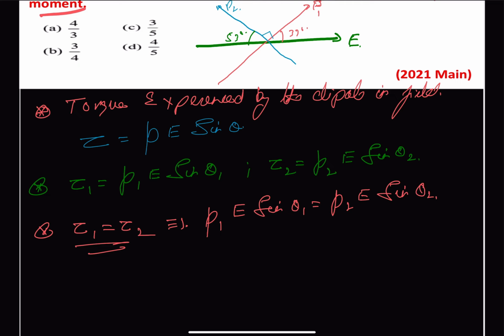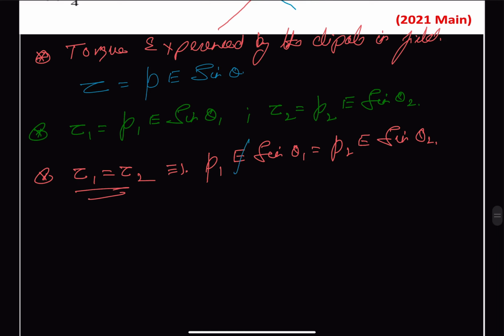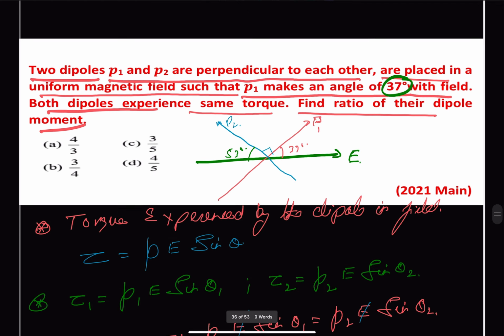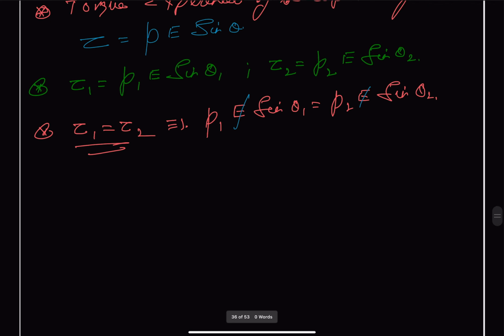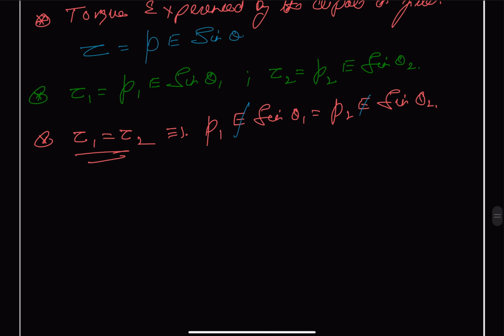So E, the electric field, cancels out. We need to find the ratio of the dipole moments P1 by P2. So P1 by P2 will be equal to sine of theta 2 over sine of theta 1.